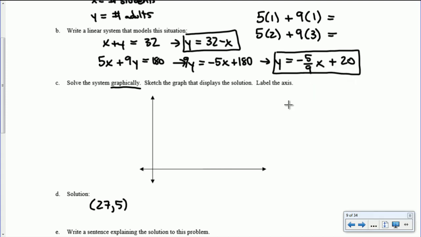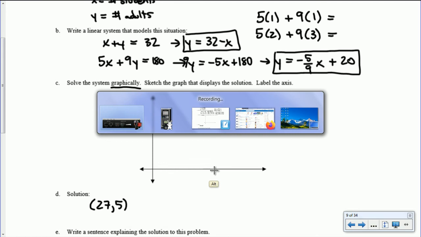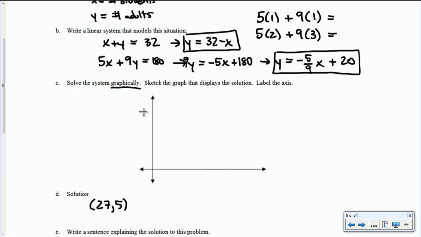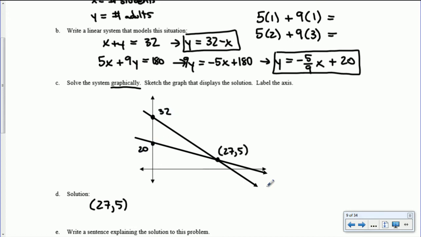So, a quick sketch. I forget what it looked like already. Something kind of like that. This was 32, that was 20.